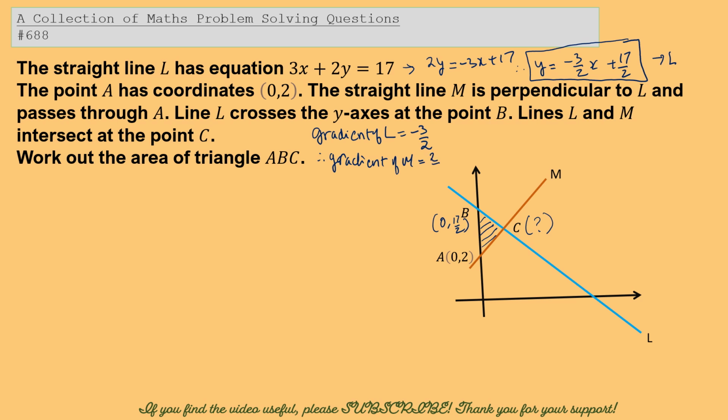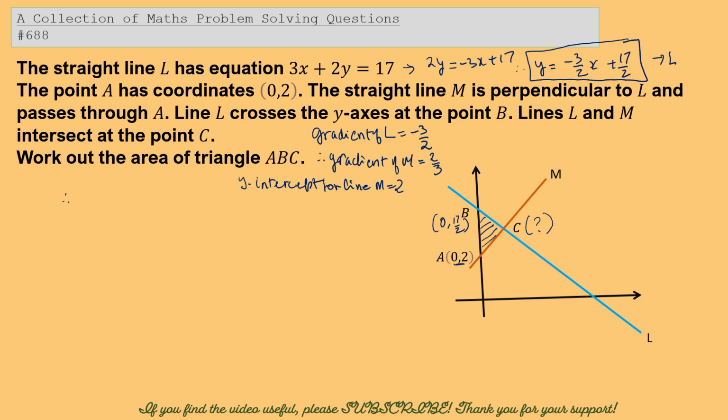So it should be 2 out of 3. We also know the y-intercept for line M is 2, because it intersects the y-axis at 0, 2.